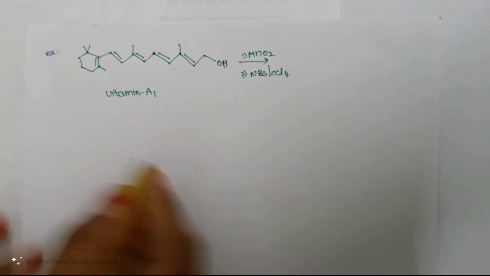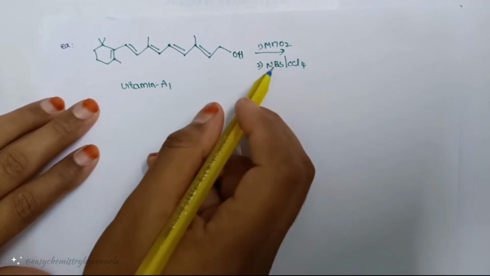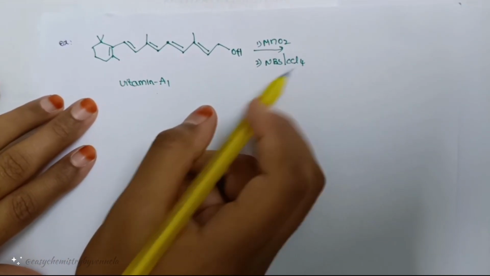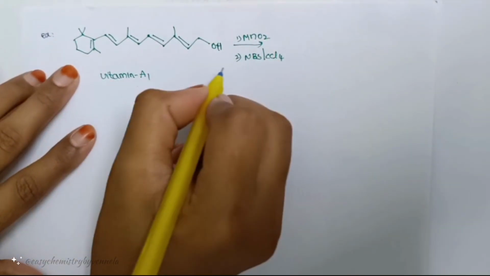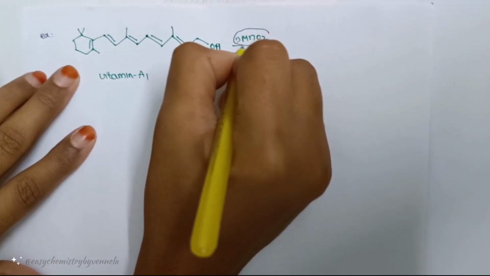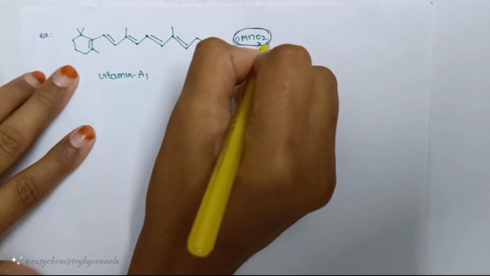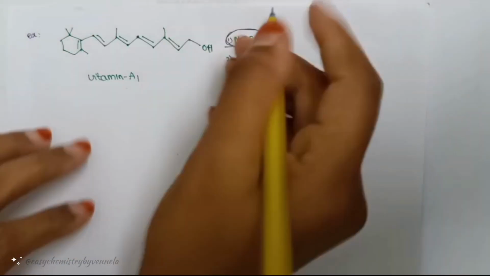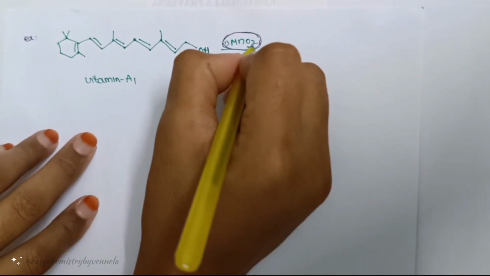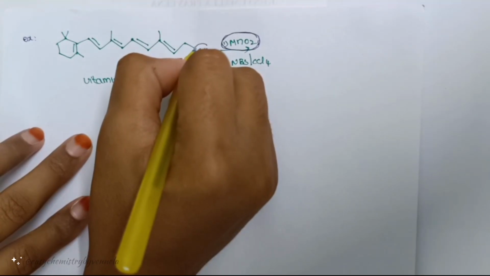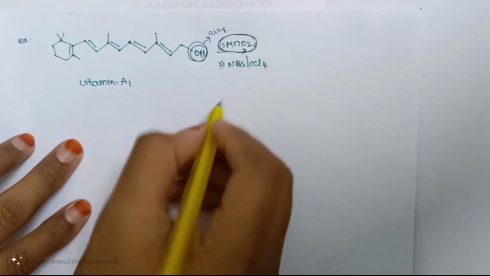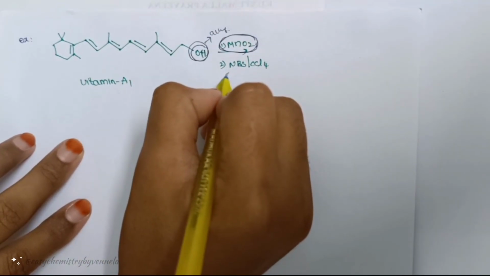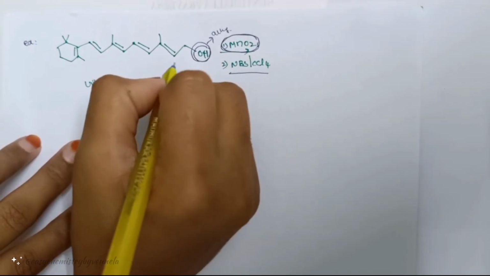This is another example by using NBS in CCl4. Here first MnO2, manganese dioxide, works on removal of hydroxy group and hydrogen. It can form aldehydes. After that NBS, CCl4 works to form a bromine.